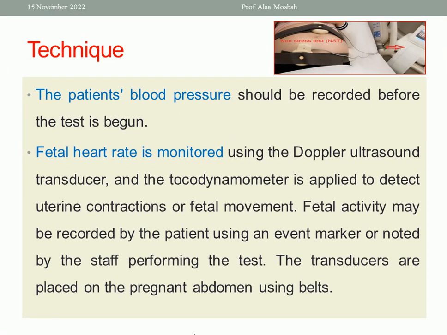So what about the technique? First, before you start, measure the blood pressure of the patient. Then apply the transducers on the abdomen, one for fetal heart rate and the other for measuring the intra-abdominal pressure for uterine contraction and also for fetal movement detection.